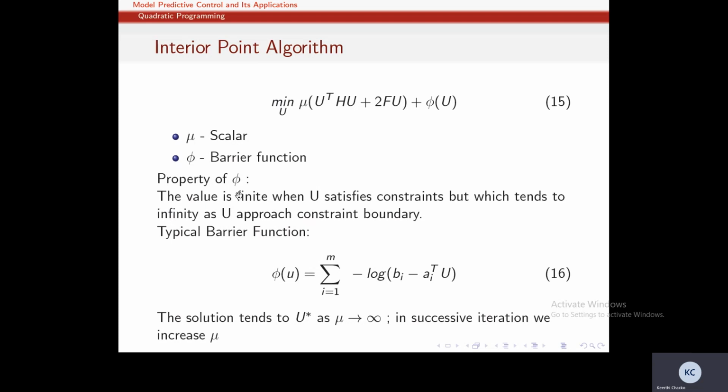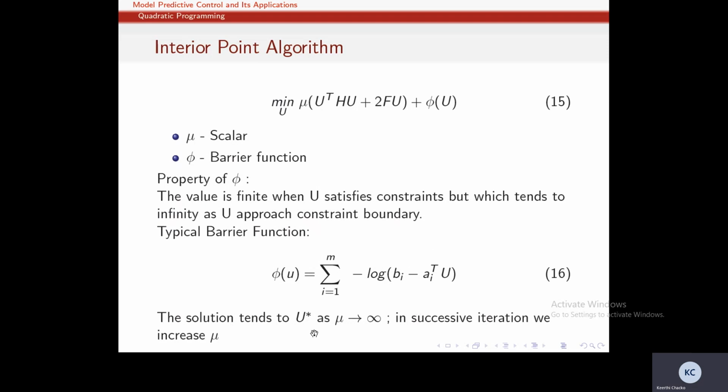The barrier function has the property that its value is finite when u satisfies the constraints, but it tends to infinity as u approaches the constraint boundary. So when this value increases, we understand that we are near the constraint boundary. The constraints will be satisfied if we minimize this. A typical barrier function is a logarithmic function.